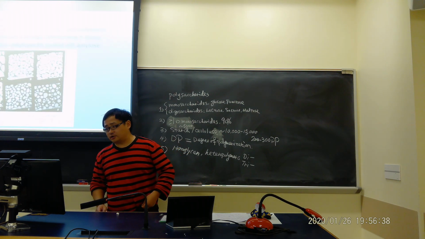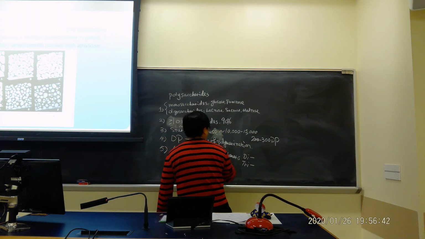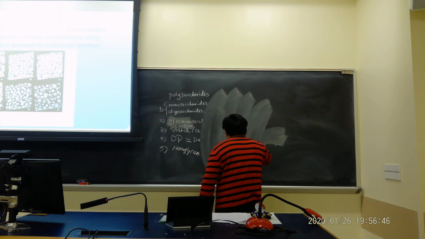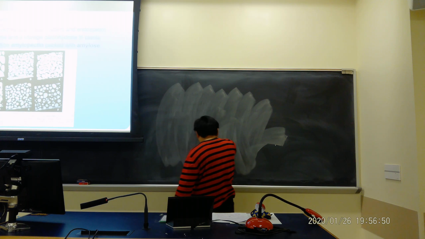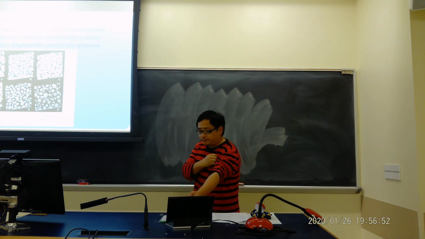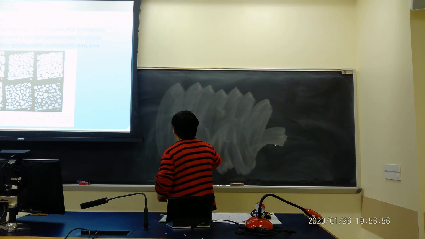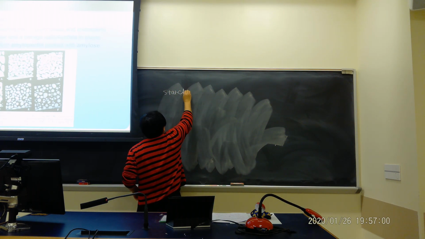Then we want to talk in more detail about the starch. And we know starch all the time. We eat bread, pasta, noodles, all of them are composed by starch. And the beans even. So what is starch?